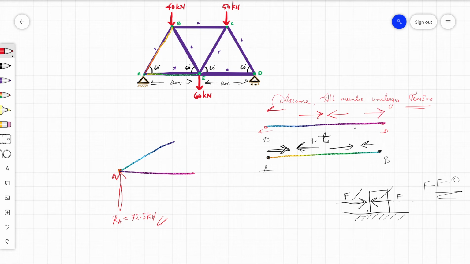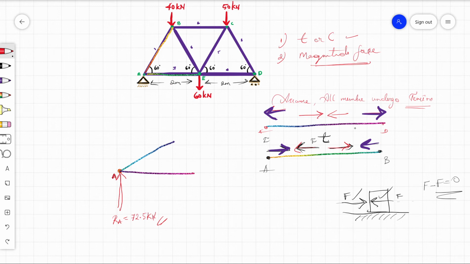Over here, this is the reaction. I'll change the color to show. This is the reaction that is coming from the joint, and whatever you can see in the red color is the nature of force that is happening inside the member. Our aim is to find the nature of the force, whether it is tension or compression. That is our first aim. Second is the magnitude of that force. These are the two aims of ours.